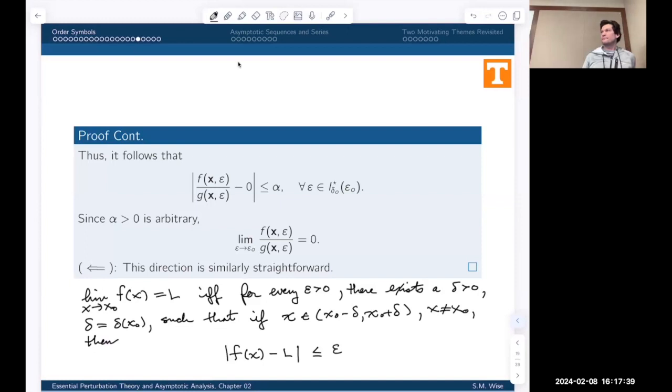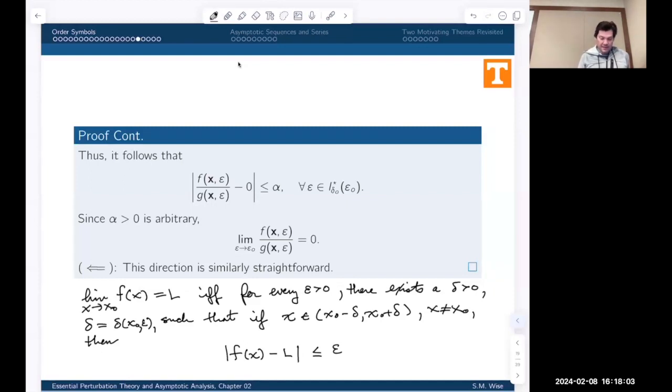Does that look right to everyone? You're right, it always depends on epsilon, generally speaking. So for every epsilon, I can find that delta.